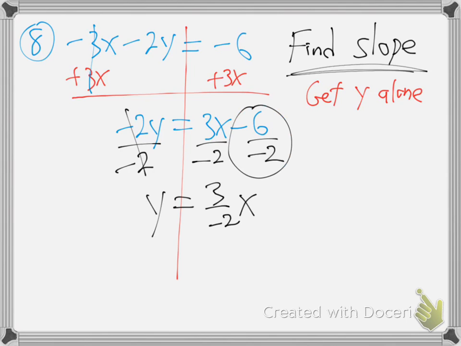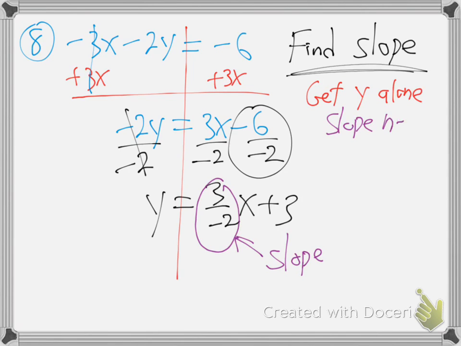And then what's negative over negative? Well, who cares? We don't care about what's out there. All we care about is the slope, which is right here, isn't it? All we care about is, we get y alone, and the slope will be next to x. So the slope is 3 over -2. If you have the 3 on the top, that's fine. Remember, it doesn't matter, top or bottom. It's all the same thing.